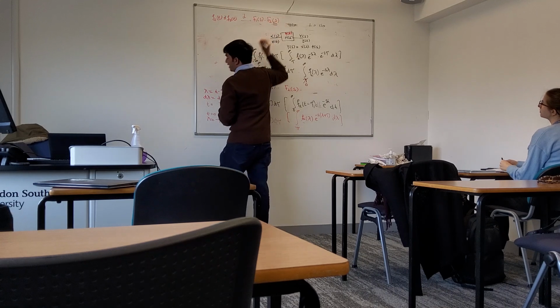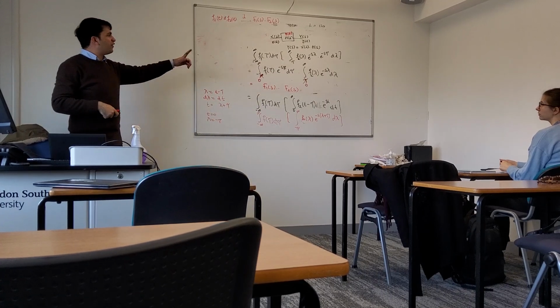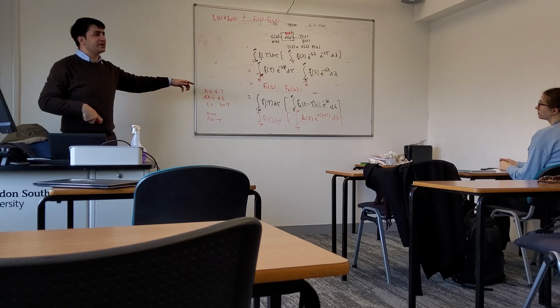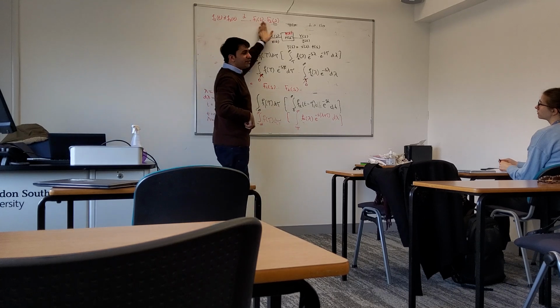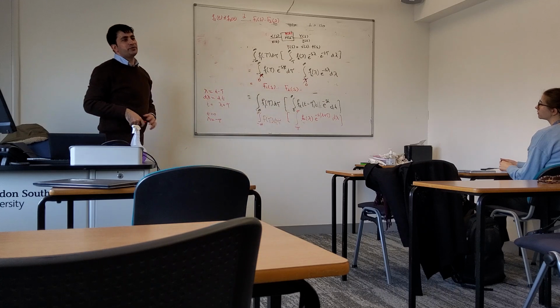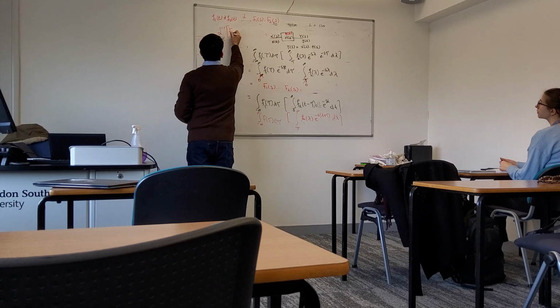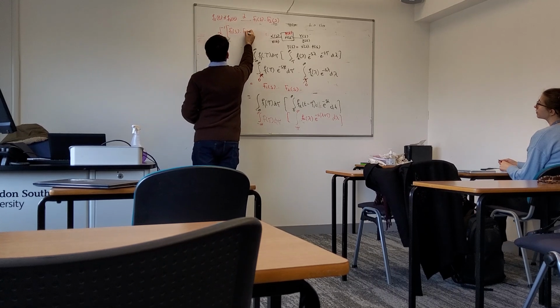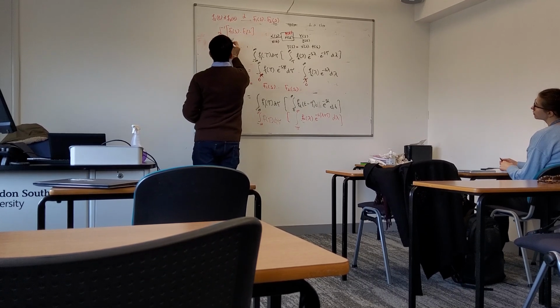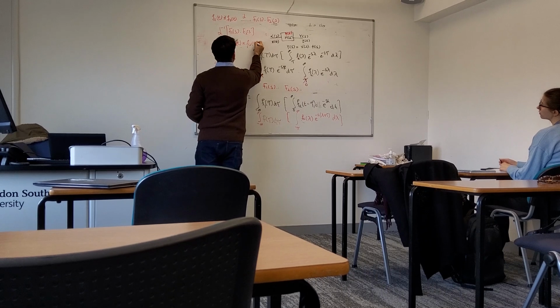So if you want to find convolution of something, you don't need to solve this hectic integral. What you can do is simply find the Laplace transform, multiply it, and then take the inverse Laplace transform, right? It would be the same. So if I take the inverse Laplace transform of f1 of s times f2 of s, this will give me f1 of t convolution f2 of t, right?